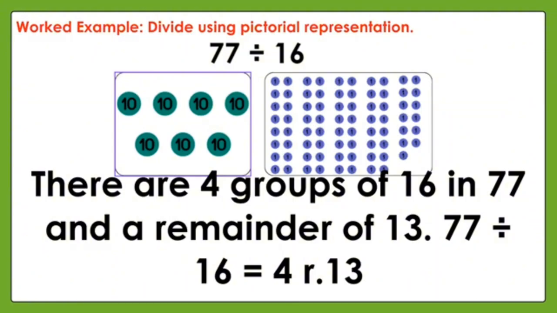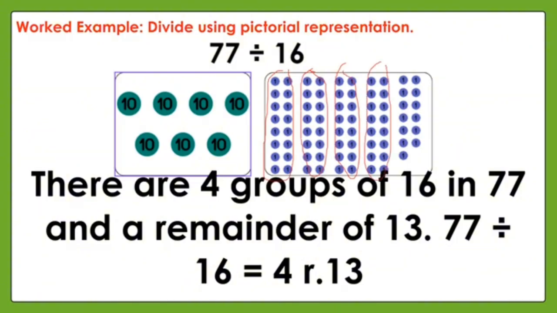Let's have the worked example. Divide using pictorial representation. 77 divided by 16. There are 4 groups of 16 in 77 and a remainder of 13. Let's see. 1, 2, 3, 4.